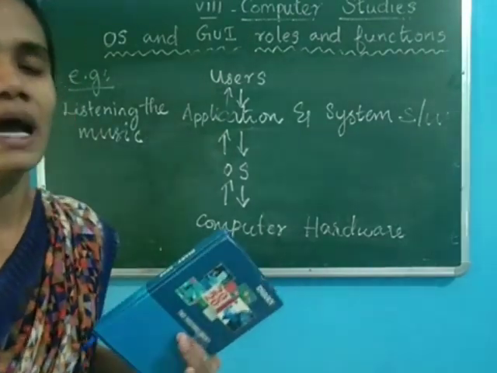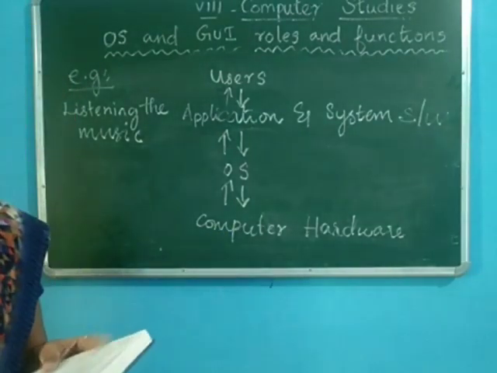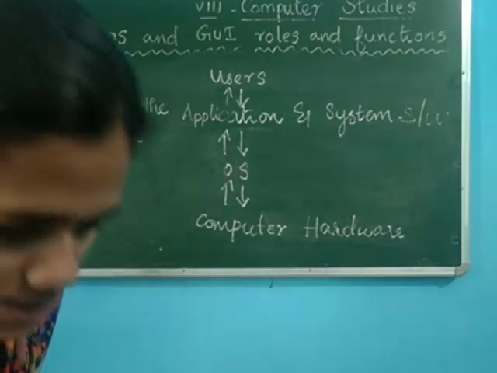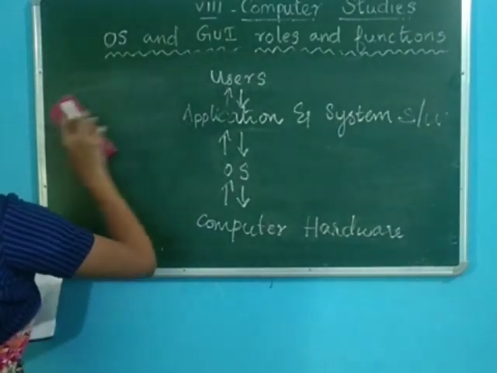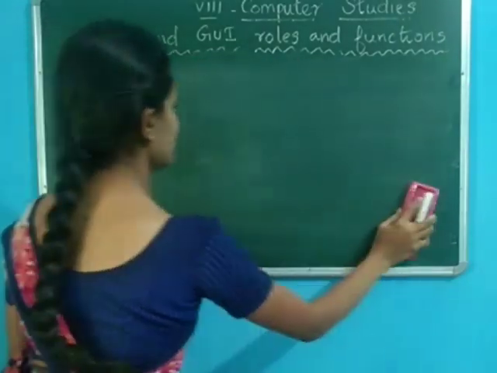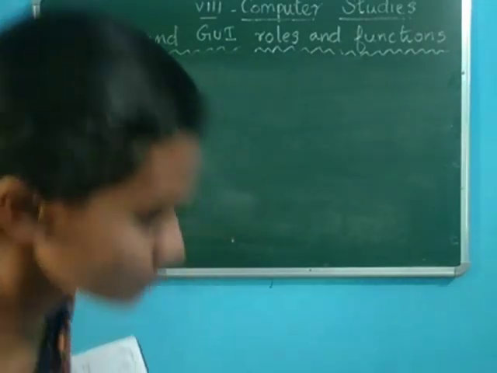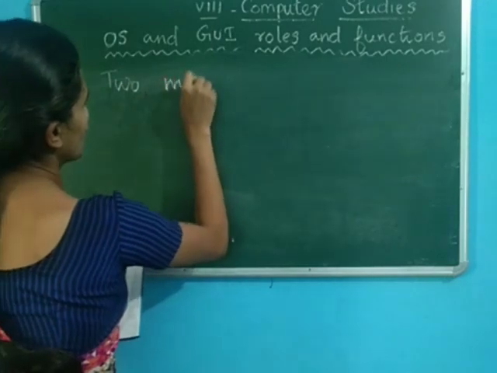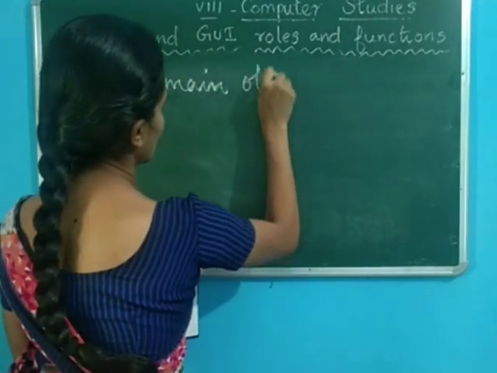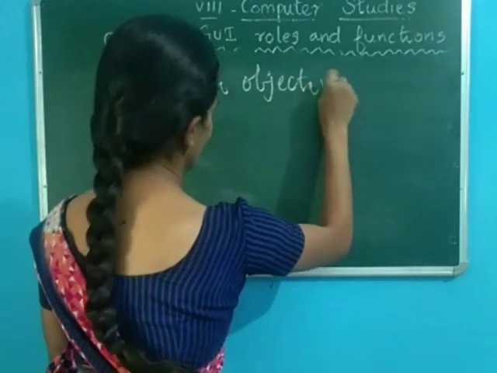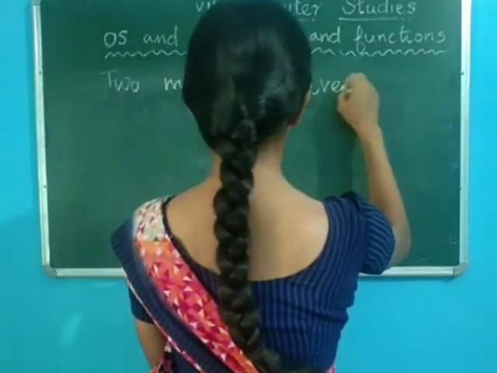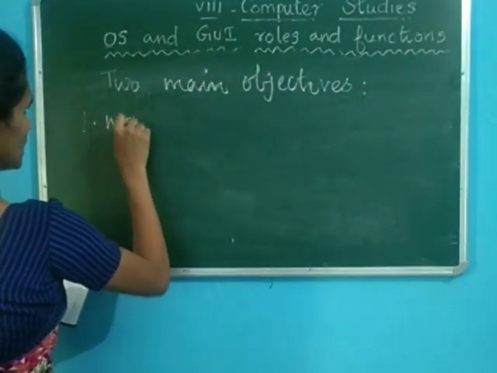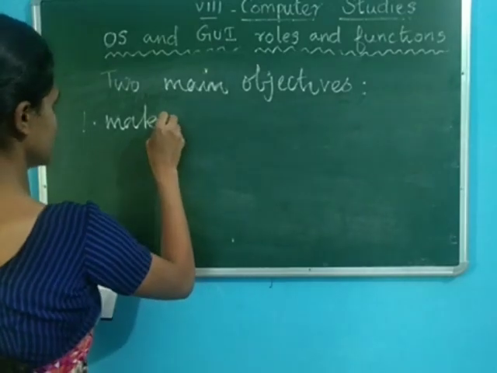The operating system has two major objective tasks. The first one is that it makes the computer easy to use.